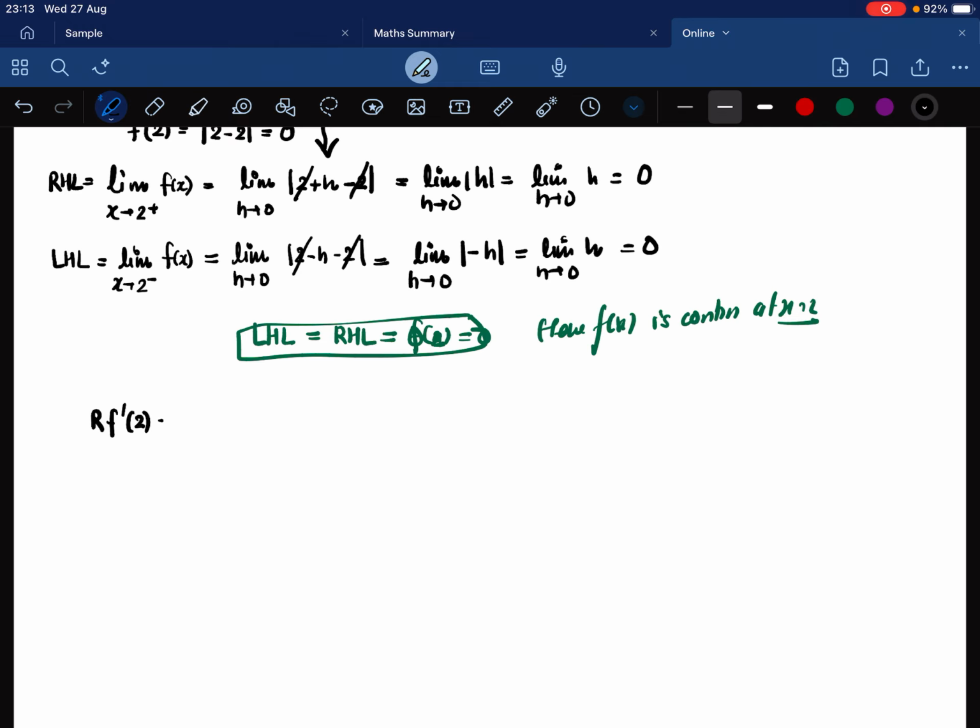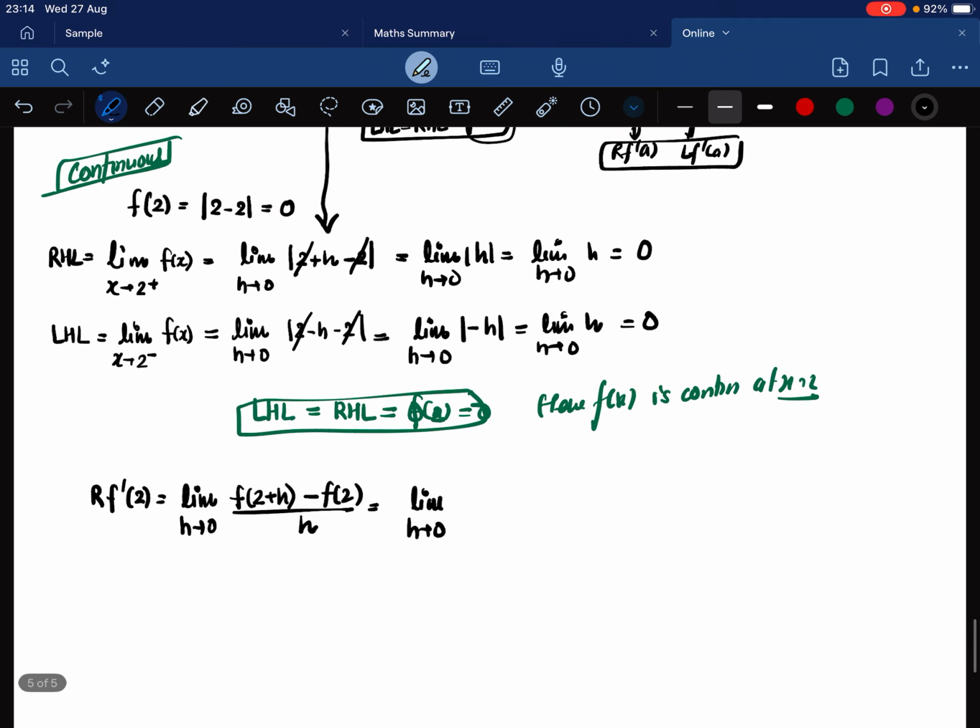So how do we check the differentiability? First we check the right hand derivative. How do we check it? Limit h tends to 0 of [f(2 + h) - f(2)] divided by h, taking the right hand side of 2.